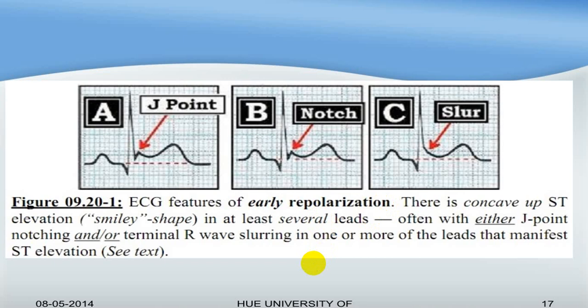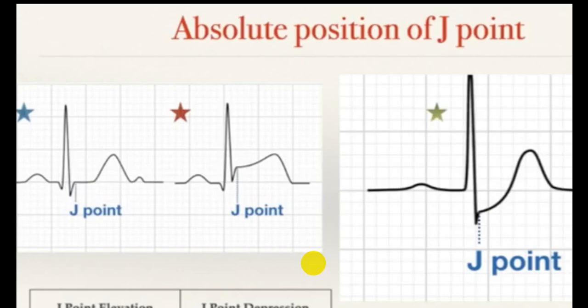You can see it in pericarditis. You can have it sometimes also in the case of STEMI, hypothermia, hypocalcemia, hypokalemia, hypomagnesemia. So this is J point, this is J point elevation, this is J point depression.